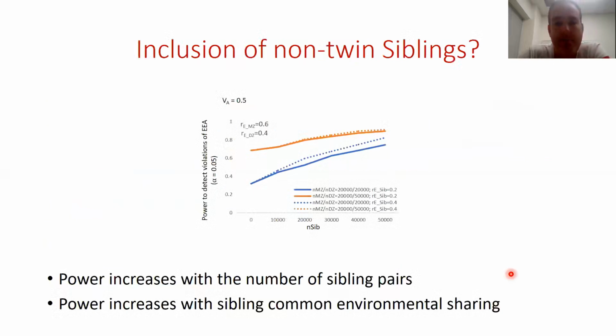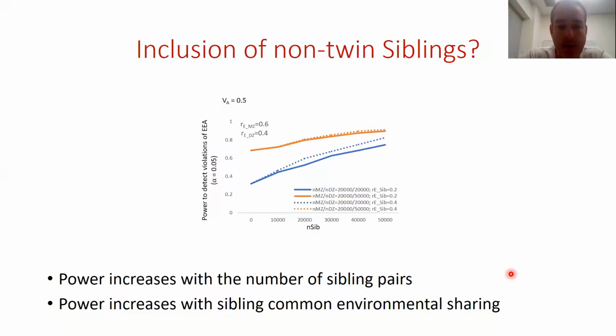Given the large number of twin pairs that this method requires in order to have adequate power, and given that twins can be more difficult to collect than sibling pairs, we also looked at whether there was value in including non-twin siblings into the design. And the short answer is absolutely yes, that can be very advantageous in terms of increasing power.